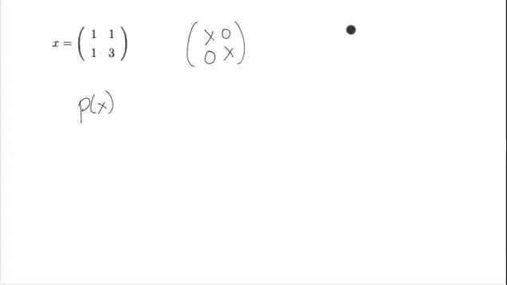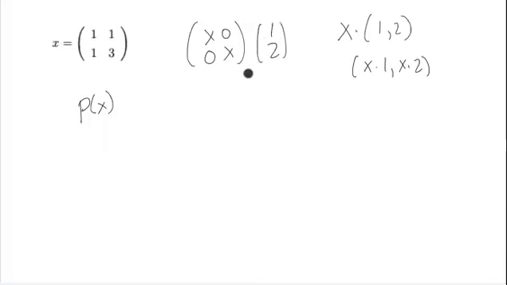Because x is like a scalar, so x times a vector, like 1, 2, the result's going to be x times 1 and x times 2. Well, that's the same thing as thinking about what this does, right? If you put a vector 1, 2 in it, that's exactly what happens. But we also want the action of x to be the same as this matrix acting on the vector. So we want 1, 1, 1, 3 times 1, 2 to also be equal to the same thing.